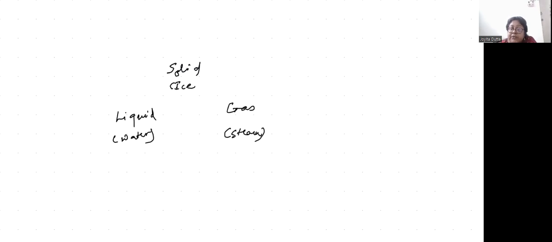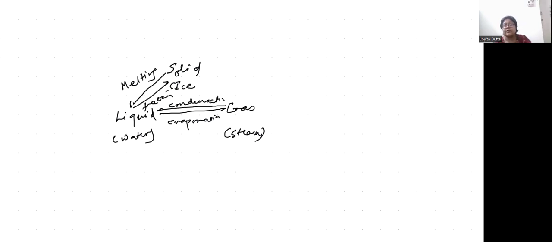If I transform solid to liquid, it is known as melting. Liquid to gas is evaporation. Then vice versa, gas to liquid is condensation. Liquid to solid is freezing.